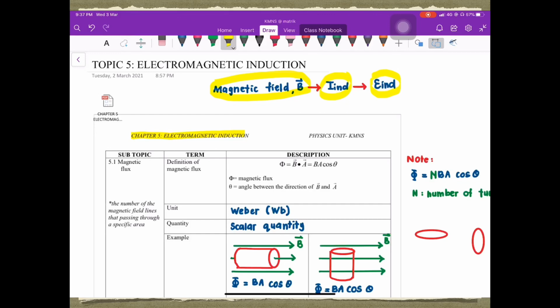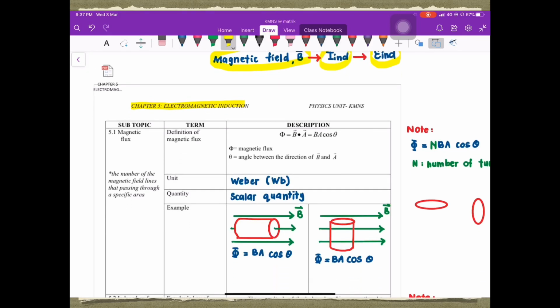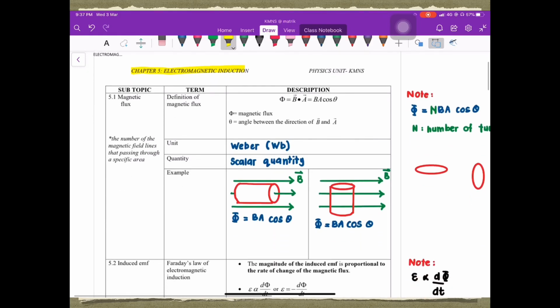EMF. So now look at subtopic 5.1, magnetic flux. What is magnetic flux?